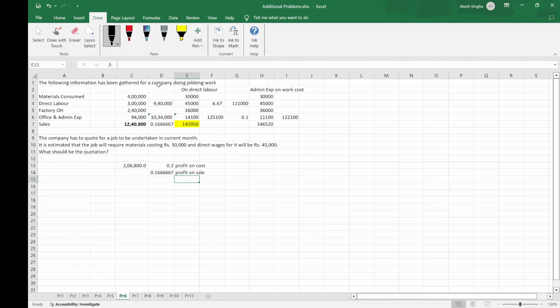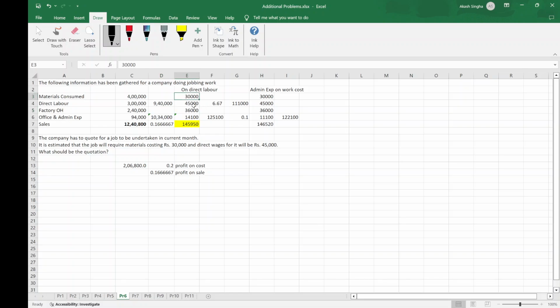Now, the following information is gathered for a company doing jobbing work. It's basically the same as the previous one. So, material consumed, direct labor. Nothing else is given, so we will take direct labor. Okay. So, total is 94000, material 30,000, and direct wages for it will be 45,000.